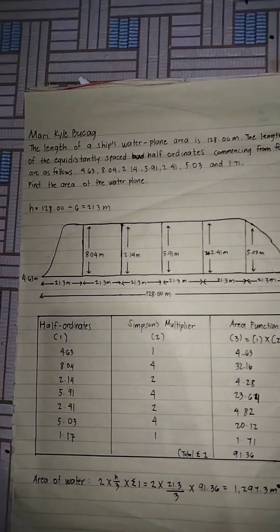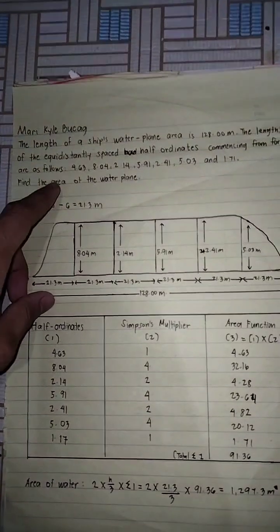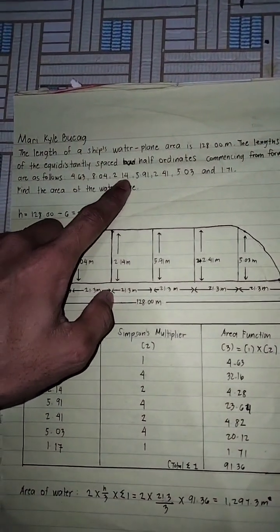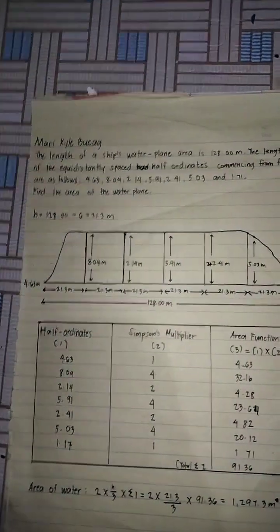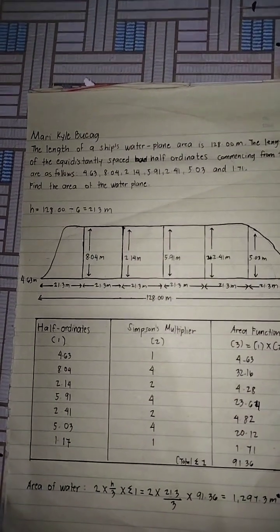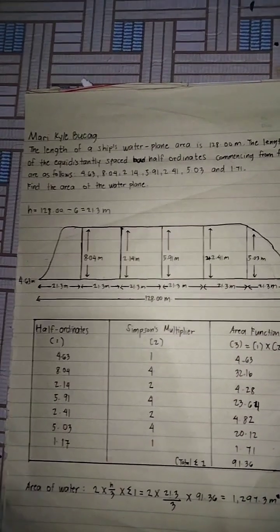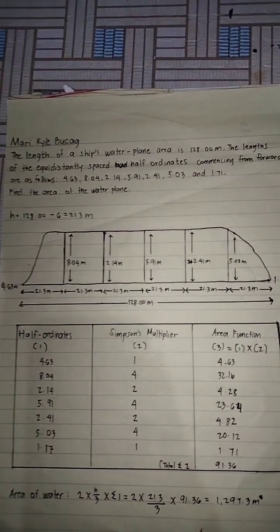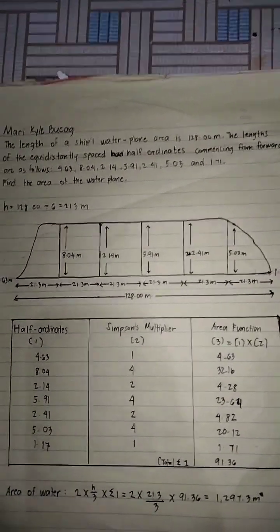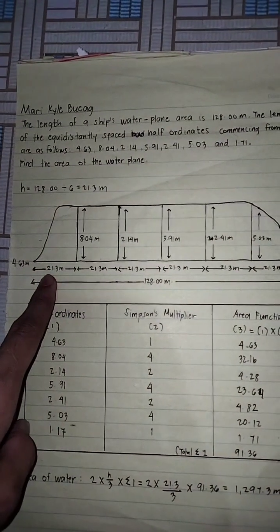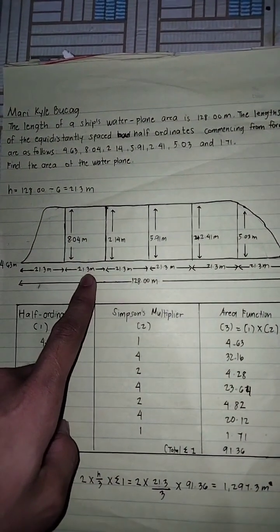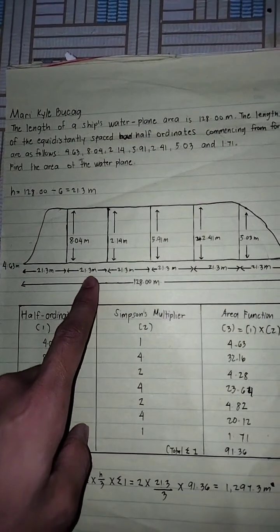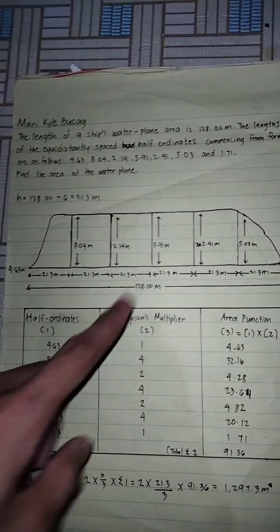After that, let's count the ordinates: 1, 2, 3, 4, 5, 6, 7. So we have 7 ordinates. Since 7 is an odd number, we can use Simpson's Rule number 1. This is the interval of each ordinate: 21.3 meters, 21.3, and so on.